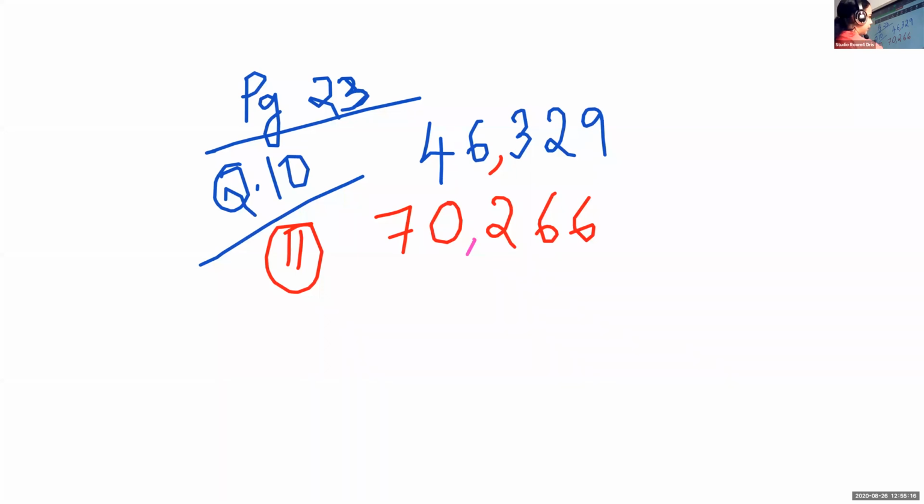Okay, question number 12. Nihal, please unmute and read question number 12. Find the greater number by comparing. In the 10,000 place, we have 8 and we have 9.